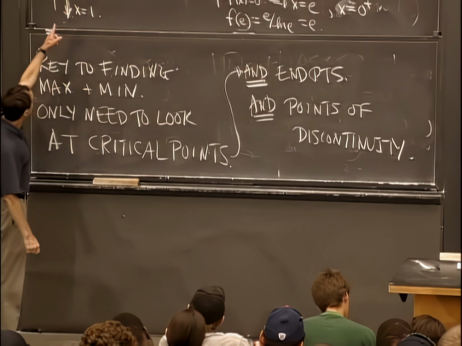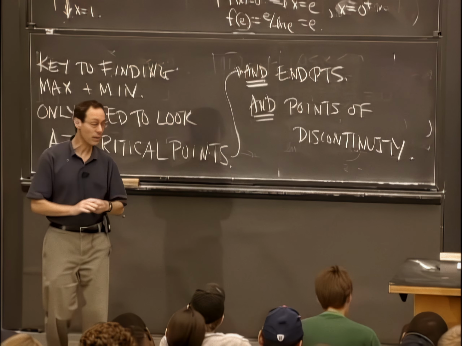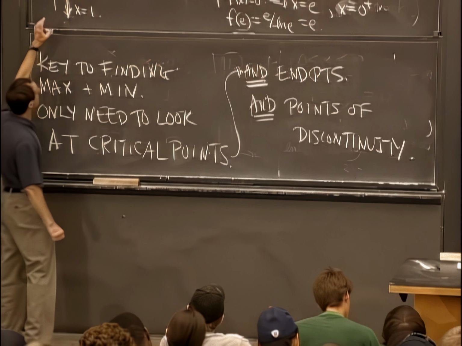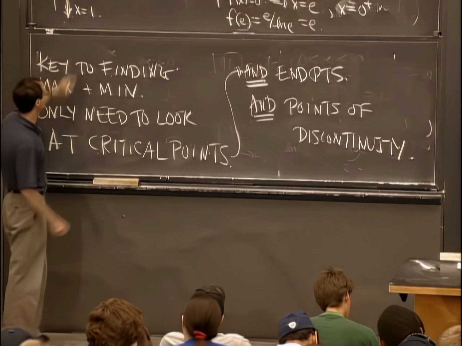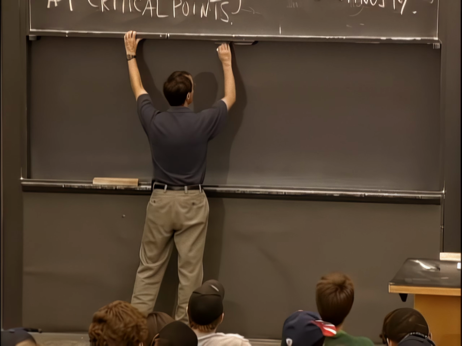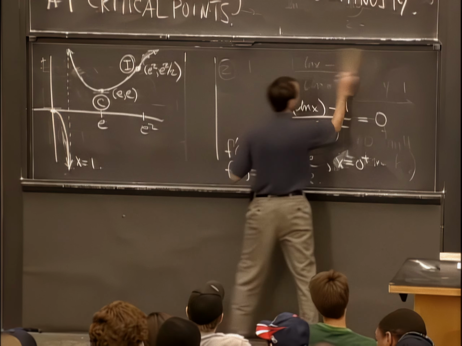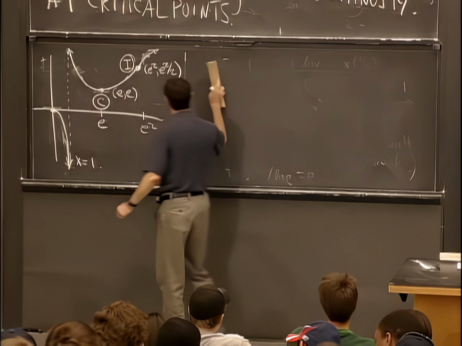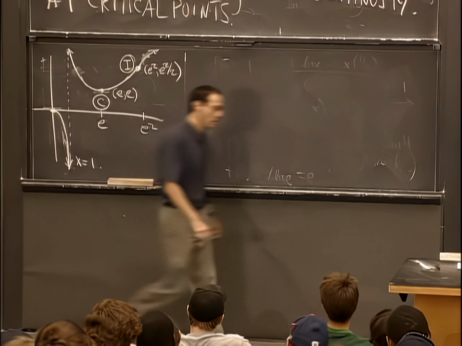If you look at the example that I just drew here, which is the one that I carried out, you can see that there are actually 5 extreme points on this picture. So let's switch, and we'll take a look. There are 5 places where the max or the min might be. There's this important point.